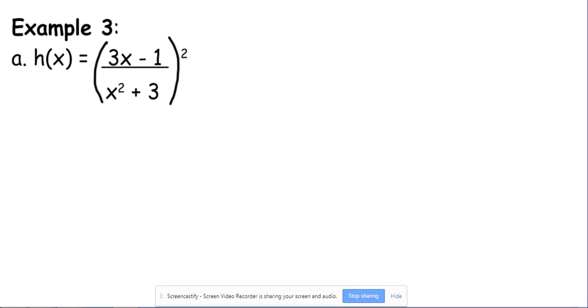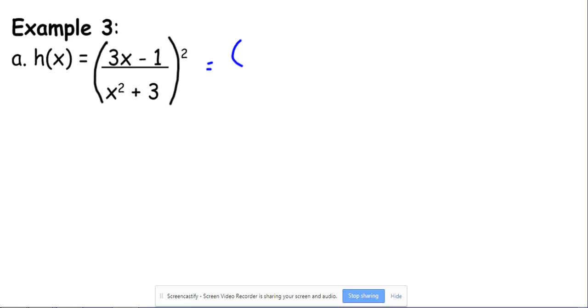Again, another example. You could use the quotient rule, or I would rather typically, not always, but typically, if you can rewrite this algebraically, because what we're looking at right now is a chain rule combined with a quotient rule. I don't really like the sound of that.